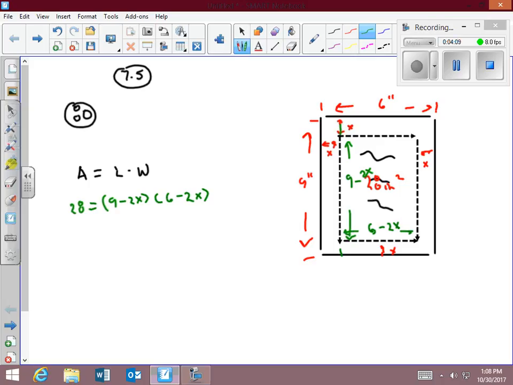And they're going to want to know the dimensions of the typed area, the length of the typed area, which is 9 minus 2x, and the width, which is 6 minus 2x. So those are the things you're going to want to know. But you're going to solve that in terms of x.